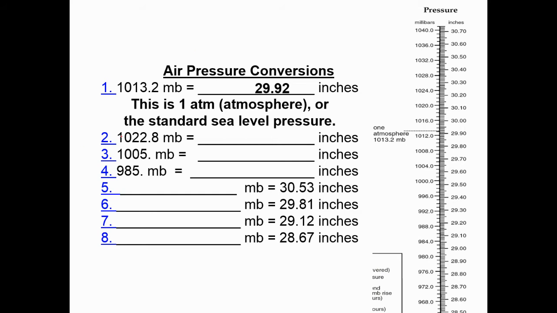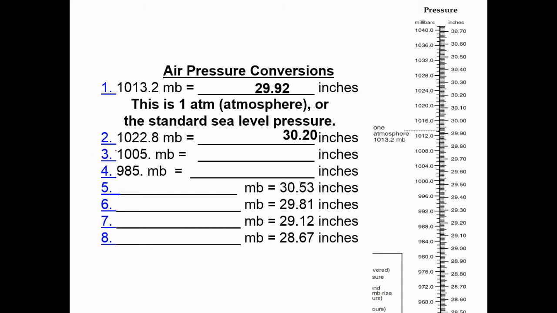And then we have 1022.8 millibars. Here is 22.8, so almost 1023. These are done to make your life a little easy. If I go across here, it looks like it's 30.2 inches of mercury, or 30.20 inches of mercury.